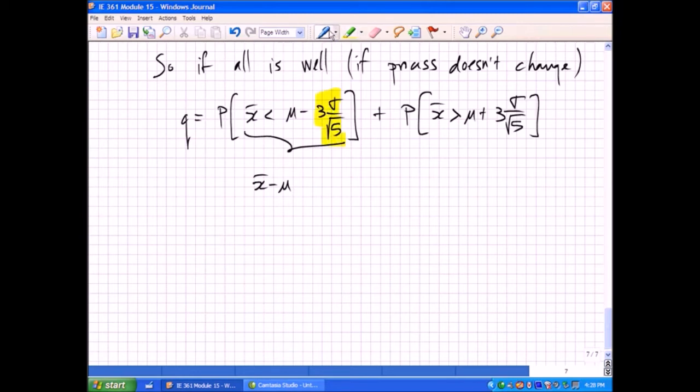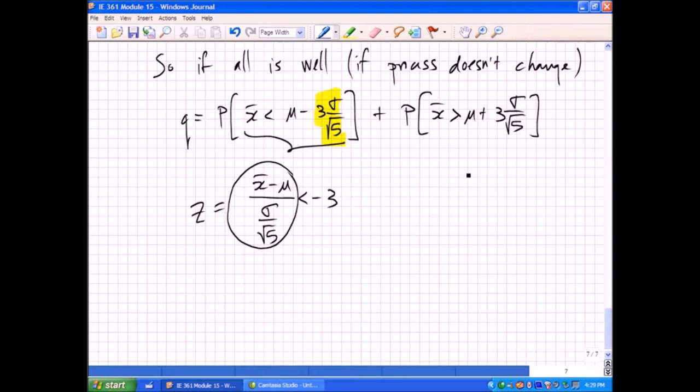That means X-bar minus mu over sigma over square root of 5 is less than minus 3. And this is something that I've been taught in Stat 231 to say is a standard normal variable, because I've taken a normal variable X-bar, subtracted its mean, divided by its standard deviation.